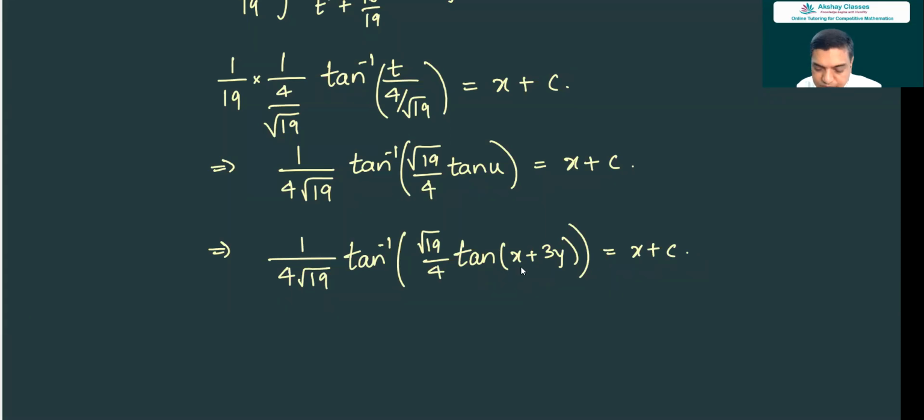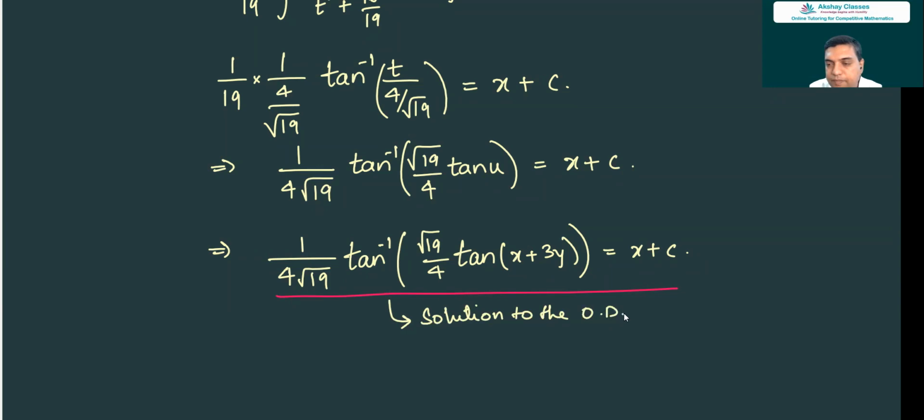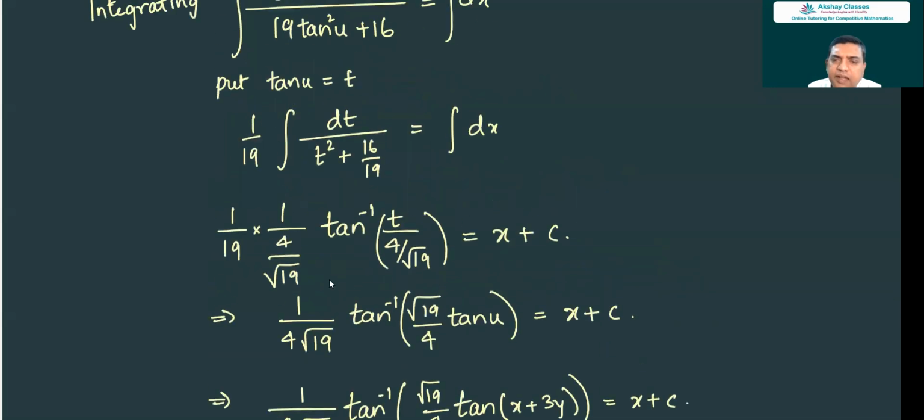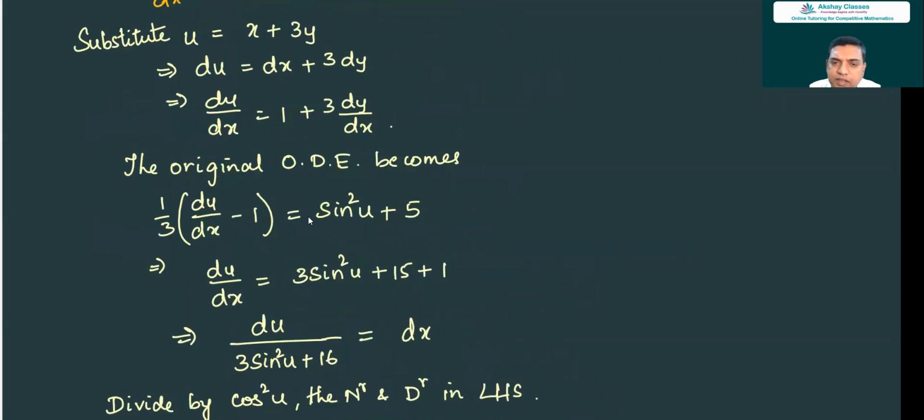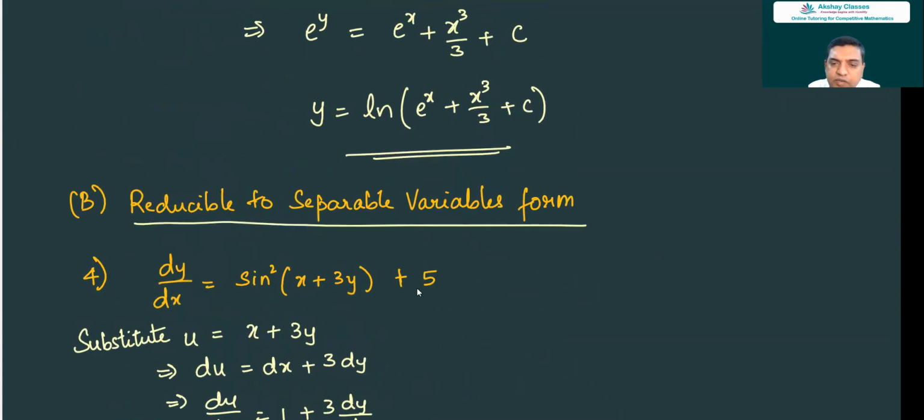This is the solution. So things may get involved, but you can solve. What we did is we substituted. By substitution, the form which was not separable variable, we reduced to separable variable form.